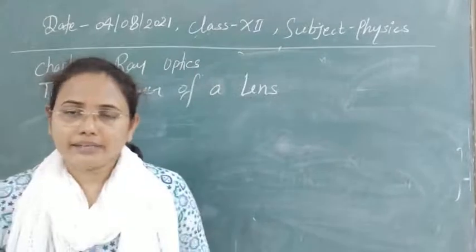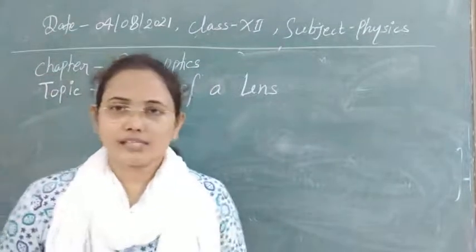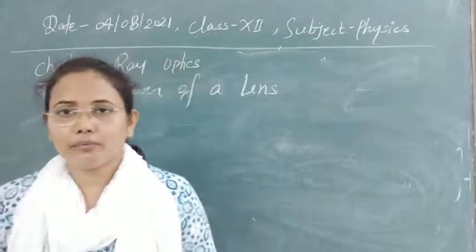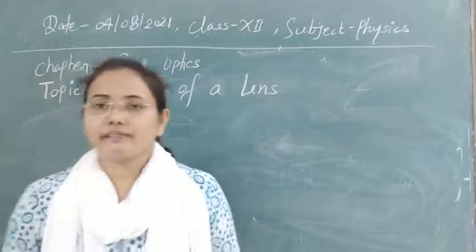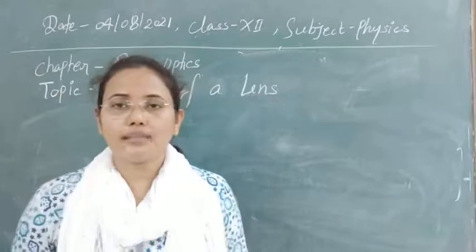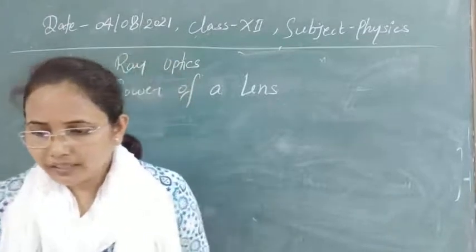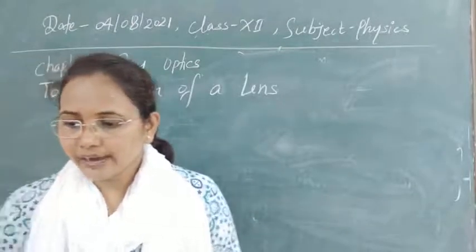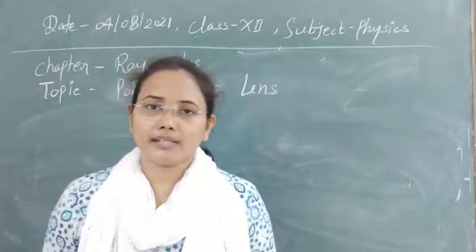In definition form, the physical significance I have told you. How can we formulate the formula for power? Power of a lens is defined as the tangent of the angle by which it converges or diverges a beam of light falling at unit distance from the optical center.